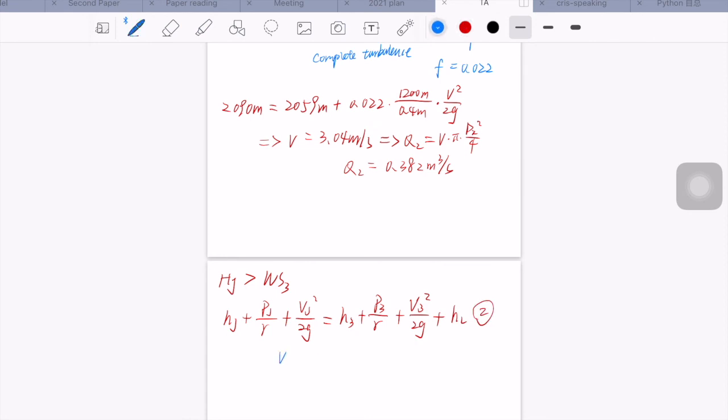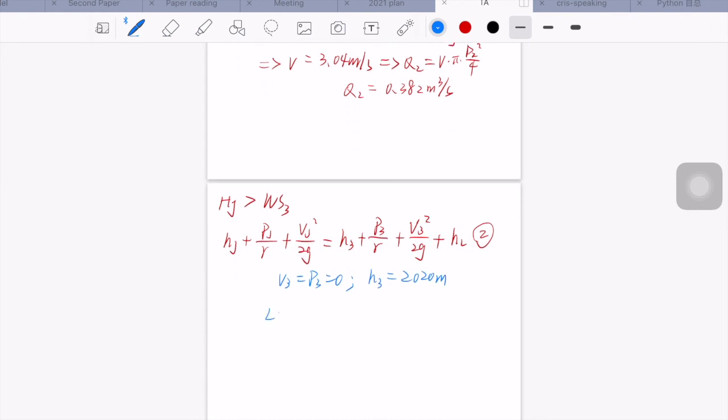And we know V3 equals P3 equals 0, and H3 equals 2092 meter, and the head loss equals the friction loss in the pipe 3, f times L3 divided by D3 times V squared divided by 2g.